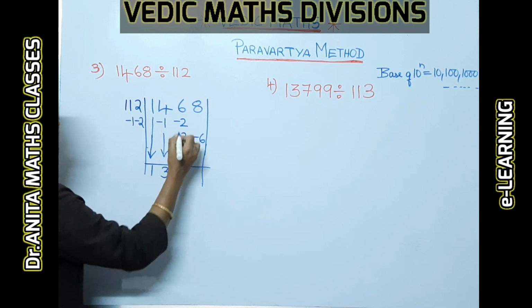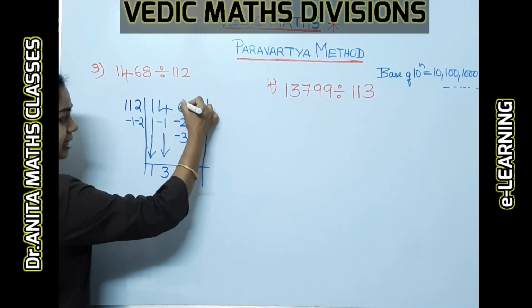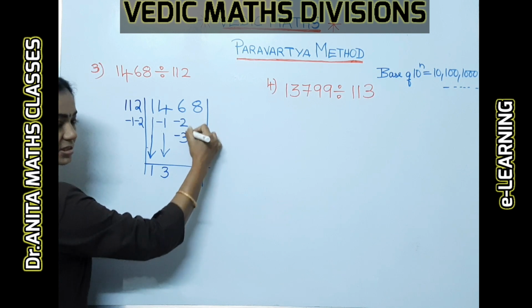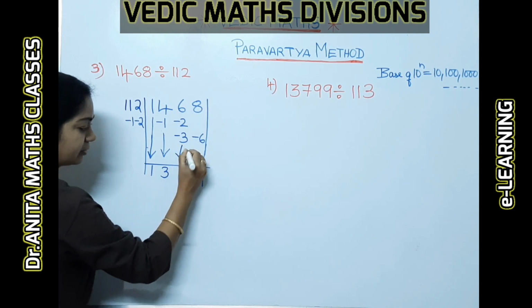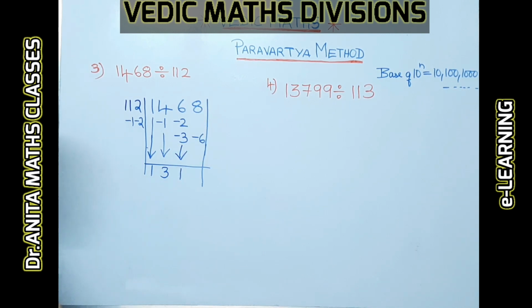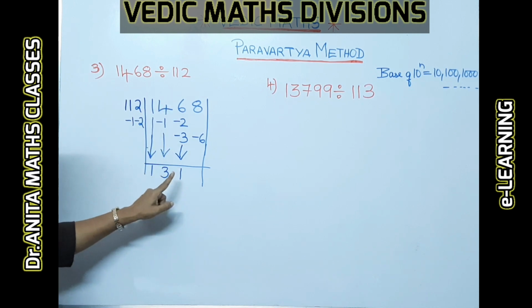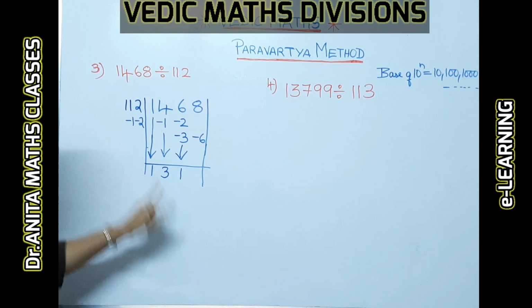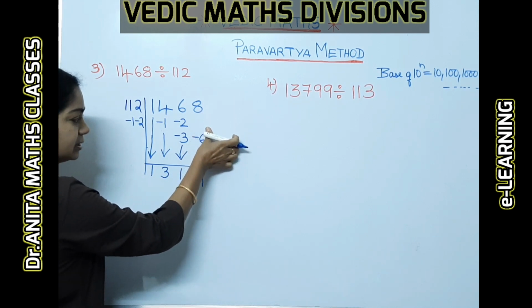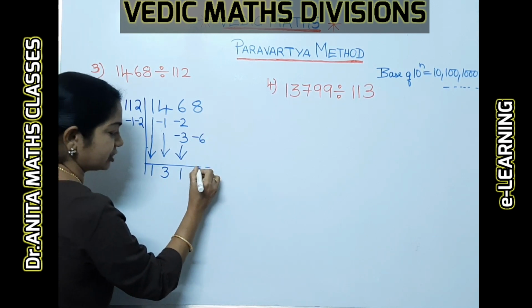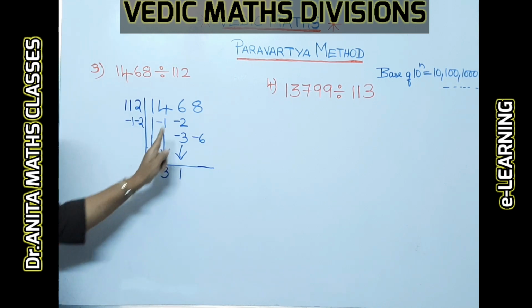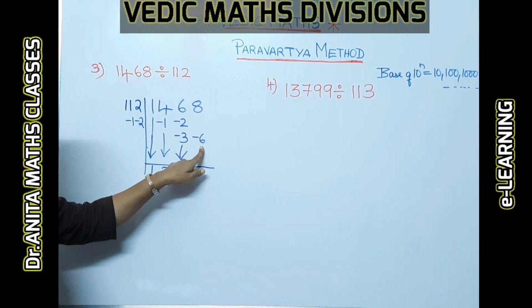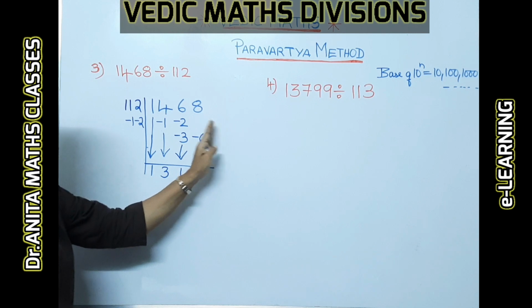Now after multiplying, let's see, it is practically possible. 6 minus 5 is 1. Again we would multiply, but we have to stop here. Why? Because the last number of the dividend has been included in the division.